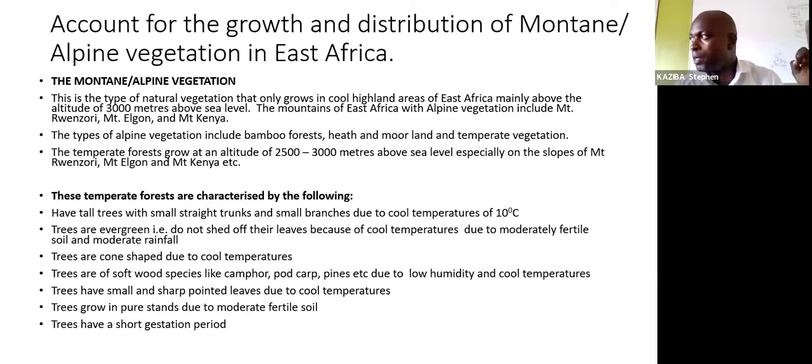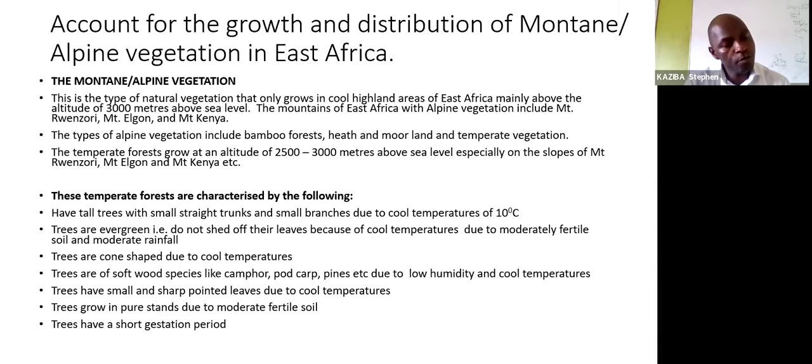And it can only be traced on 3 mountains in East Africa. That is Mount Rwenzori, Mount Elgon, and Mount Kenya. So the examples of alpine vegetation, we have bamboo, heath, and moorland, and temperate. Now, when you're explaining this question, you start with the first vegetation you see.